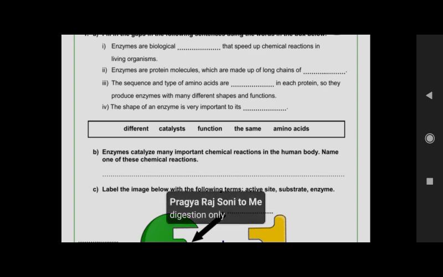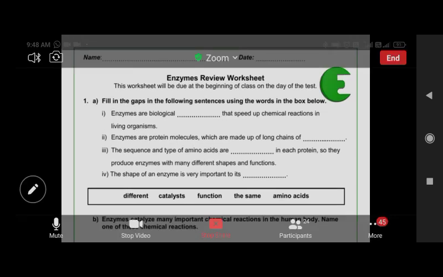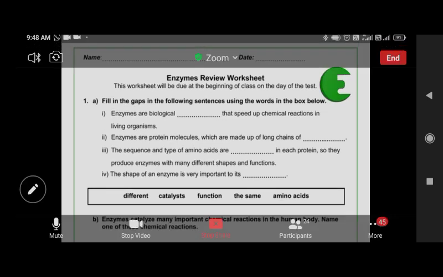Digestion, yes. You can give one example. Suppose pepsin digesting protein, lipase digesting fat, trypsin digesting protein, or salivary amylase breaking the starch. So this you have to say. Understood, students?